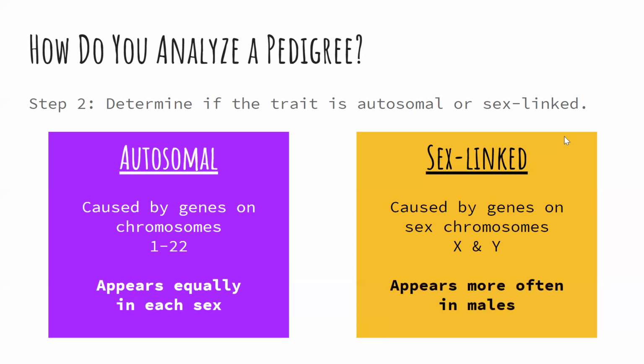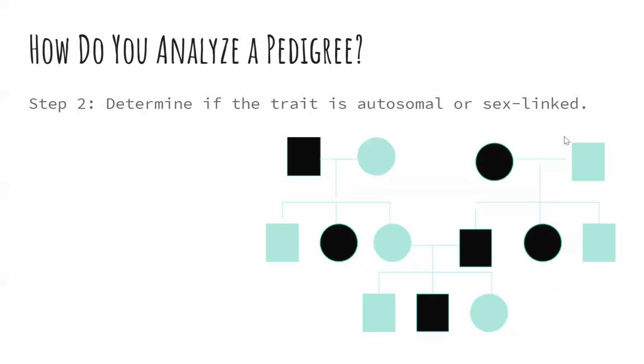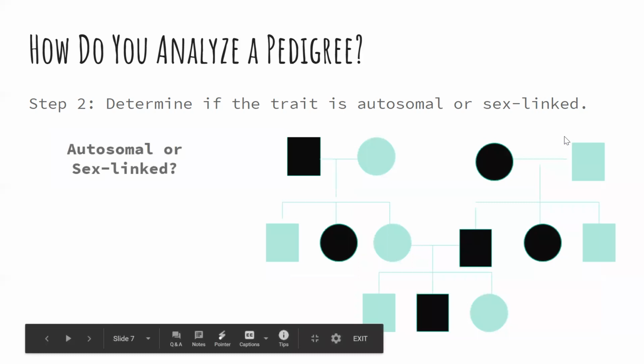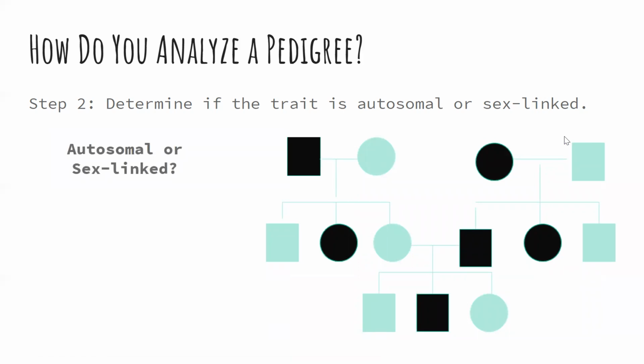On a pedigree, to tell whether a trait is inherited as sex-linked, more males in the pedigree have it. So there will be more shaded in males than females. So let's look at this pedigree. Do you think this pedigree is autosomal or sex-linked?